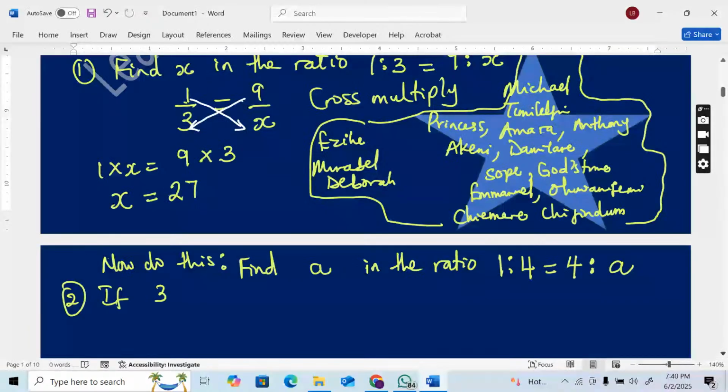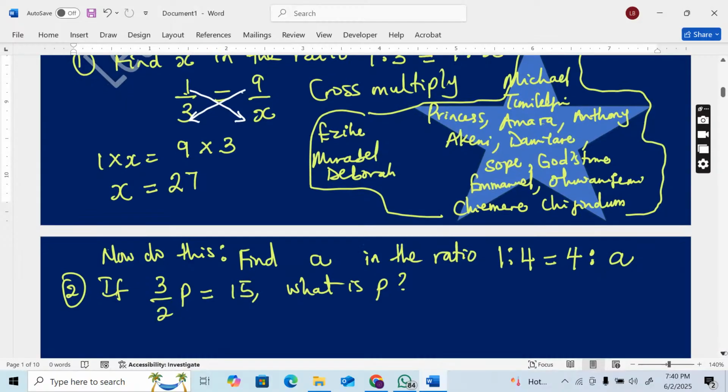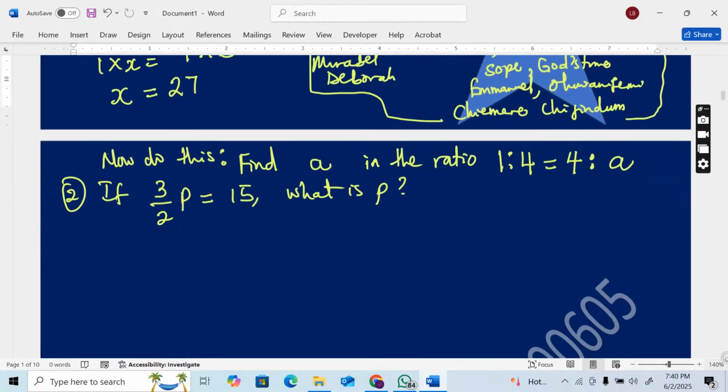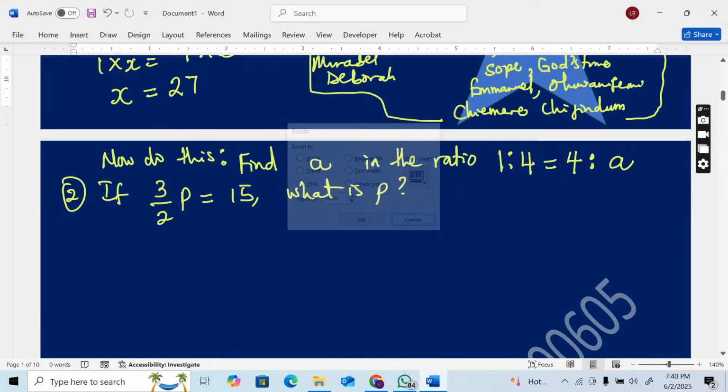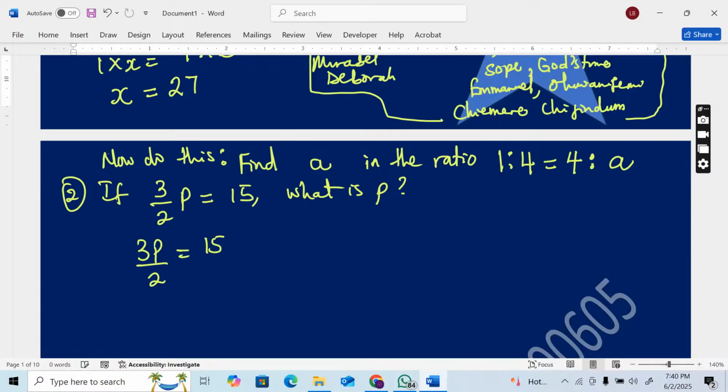If 3 over 2p equals 15, what is p? So this is what is going to happen. We have to find the value of p. So 3 over 2p is the same thing as 3p over 2 equals 15.